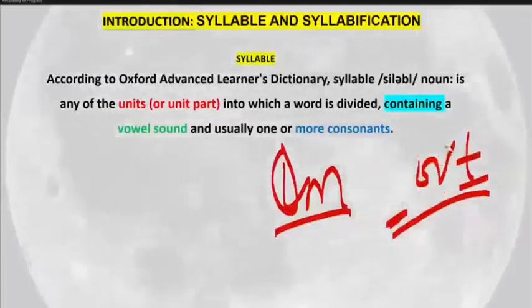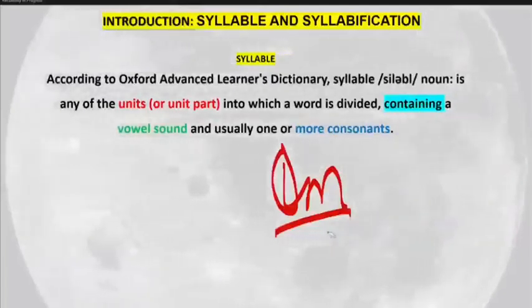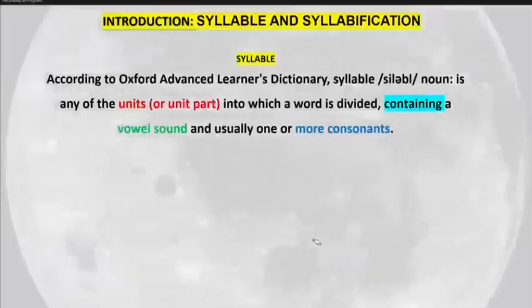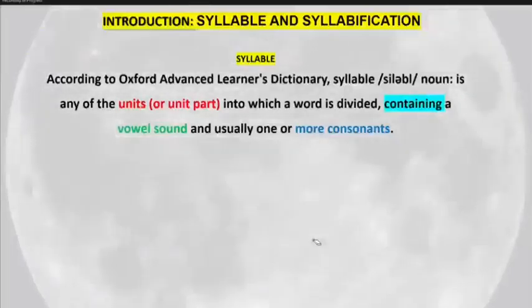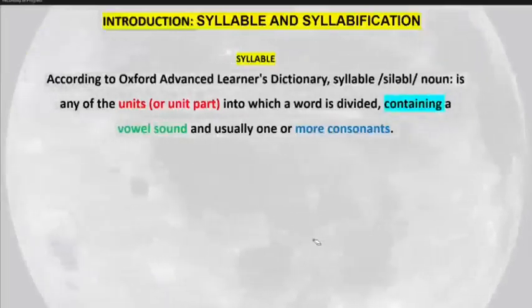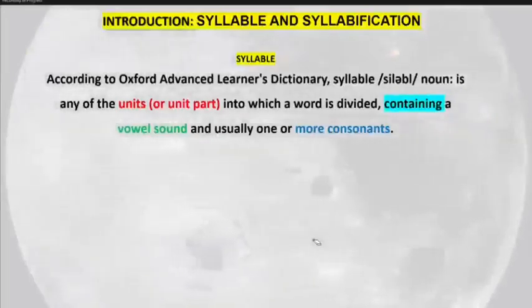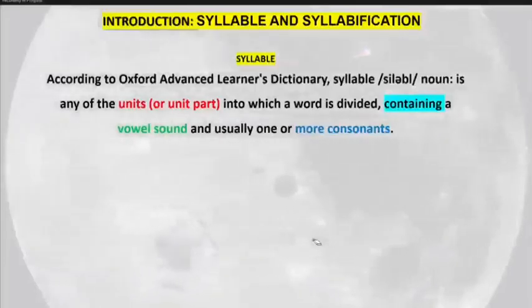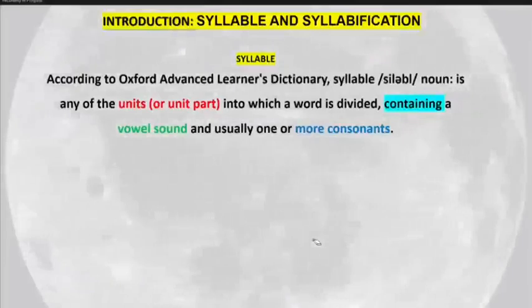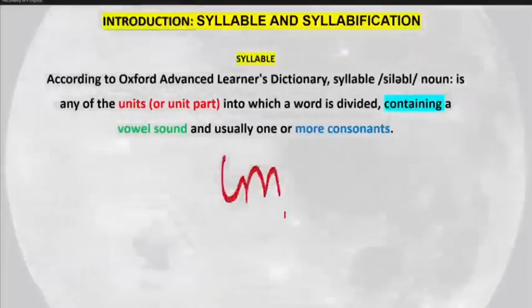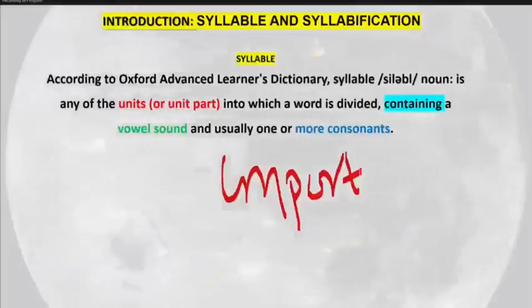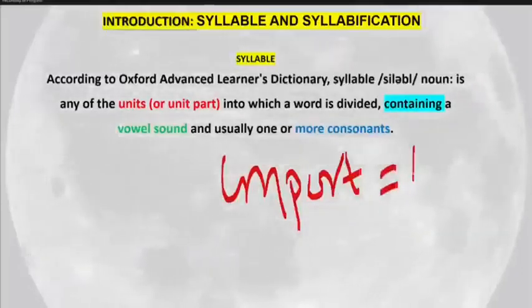Now we move forward. When the term syllabification is talked about, it's important to note that breaking the words becomes this aspect of syllabification. We've just defined a syllable as a unit of sound. Now breaking a word into syllables becomes syllabification. For instance, look at the word here. When I say import, it is a word, and I can syllabify it by breaking it this way.